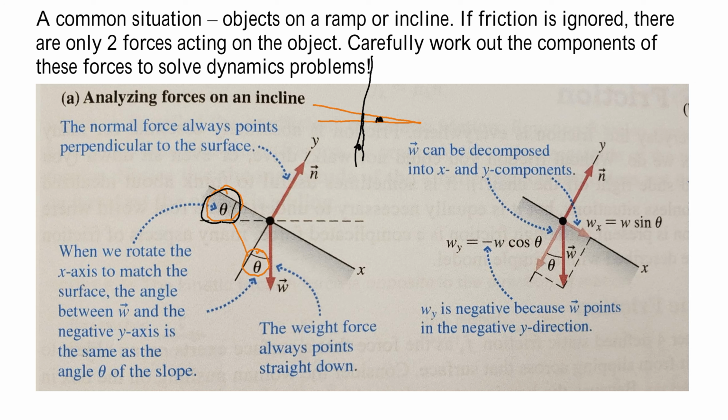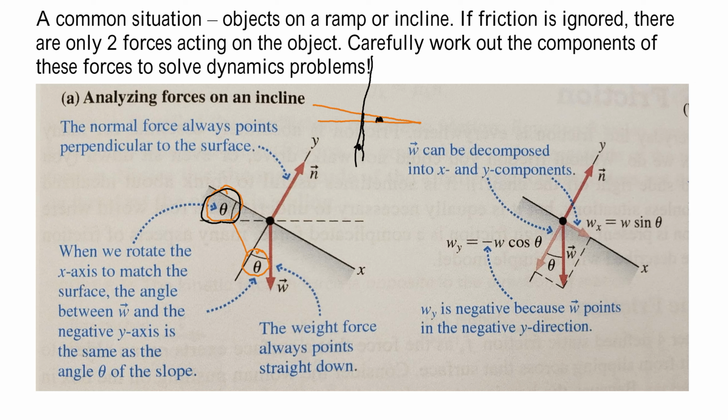So when we rotate the x-axis to match the surface, we match the angle between the weight and the negative y-axis. That's how you're going to do that, okay? The weight force always points down. As we've talked about, the weight will be decomposed into x and y components. So I'm over here on the right-hand side now.